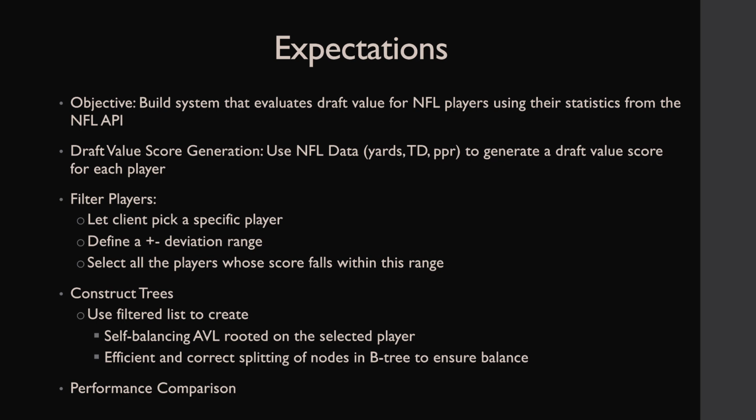Then we implement the B tree, which is good for wide data sets, and have correct functionality of splitting nodes and still maintaining balance while keeping the height as minimal as possible. And then also just test both trees for efficiency and measure which data structure has more optimal performance.